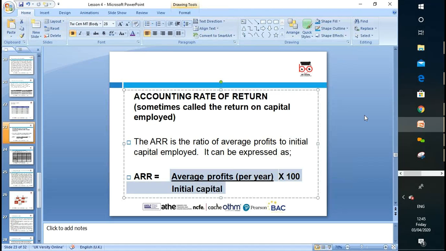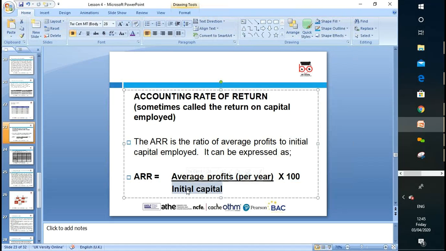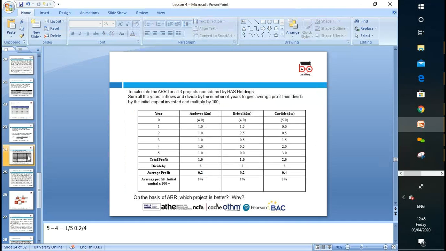Okay, the formula is average profit divided by what you invest. So I invest 4 million. I have 3 options: option A, option B, option C, or you can call them project A, project B, project C. This project gives you 1 million coming in each year, and you can only get the benefit for up to 5 years.